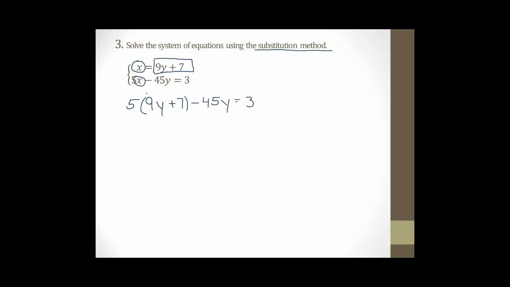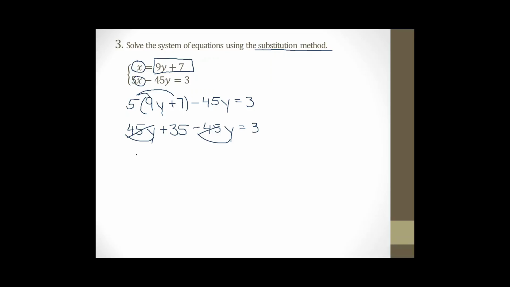All right, using the distributive property to get rid of the parentheses, 5 times 9 is 45y, and 5 times 7 is positive 35. Minus 45y is equal to 3. So right here, combining like terms, 45y minus 45y cancels out or equals 0.